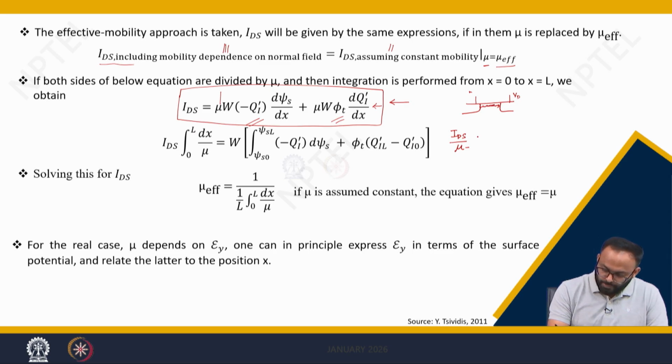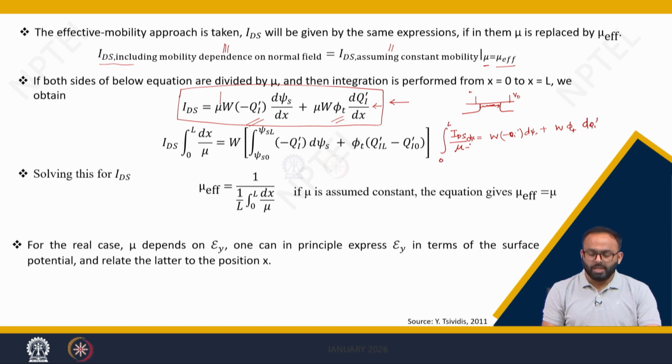So I_DS by mu is equal to W times minus Qi' d psi_s plus W times phi_t times dQi'. And now we are integrating from 0 to L dx, because mu is varying along the x direction, from source to drain, correct?